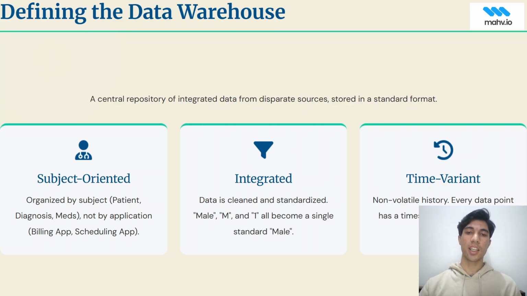Then the data is integrated: data is cleaned and standardized in a single universal format. For gender, there is only one way to represent it, like M or F or 1 or 0. There will be no multiple ways of representation.